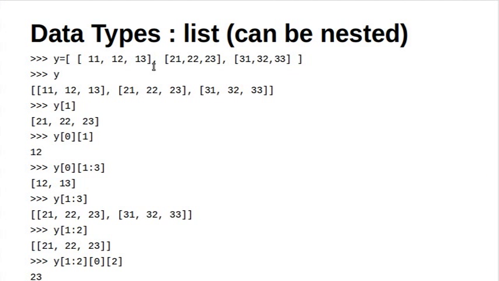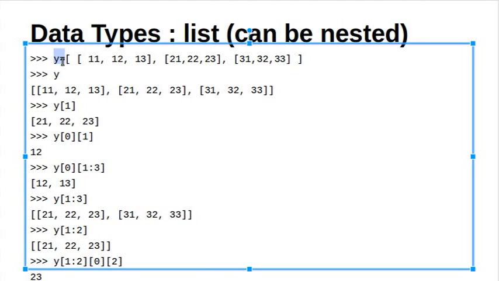You can have a nested list. So in this example, Y is a list of lists. Naturally if Y is a list of lists, then Y[0] happens to be the first list. So syntax like this can be understood.